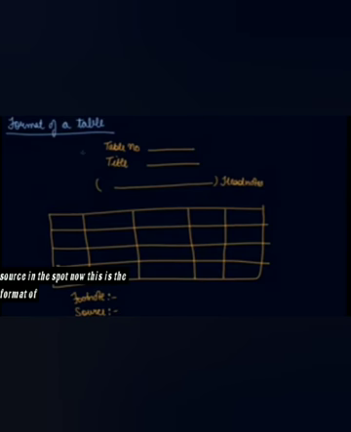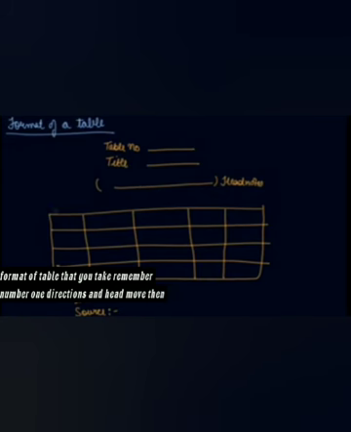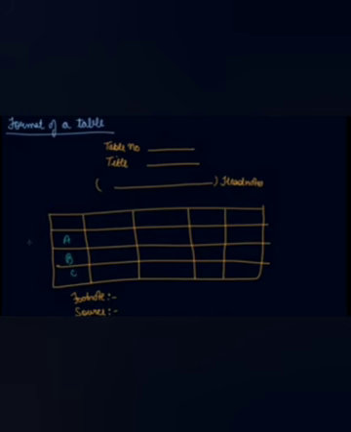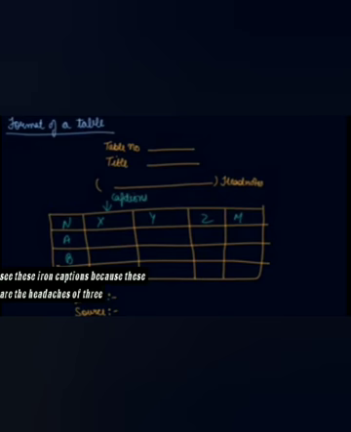Now this is the format of table. That is your table number 1, title, then head note. Then this is the table in which, let's say, A, B, C. So these are the row headings N, X, Y, Z. See, these are your captions because these are the headings of the titles of the columns.